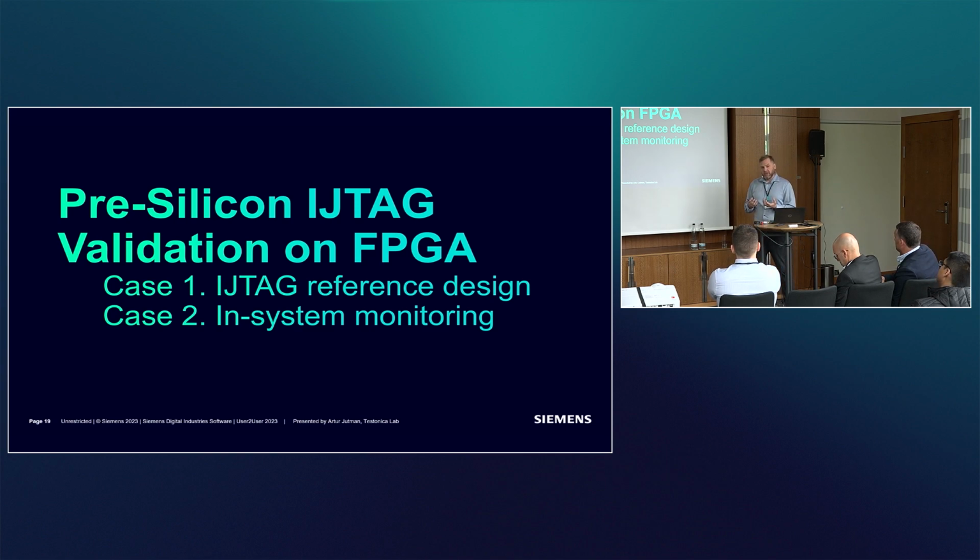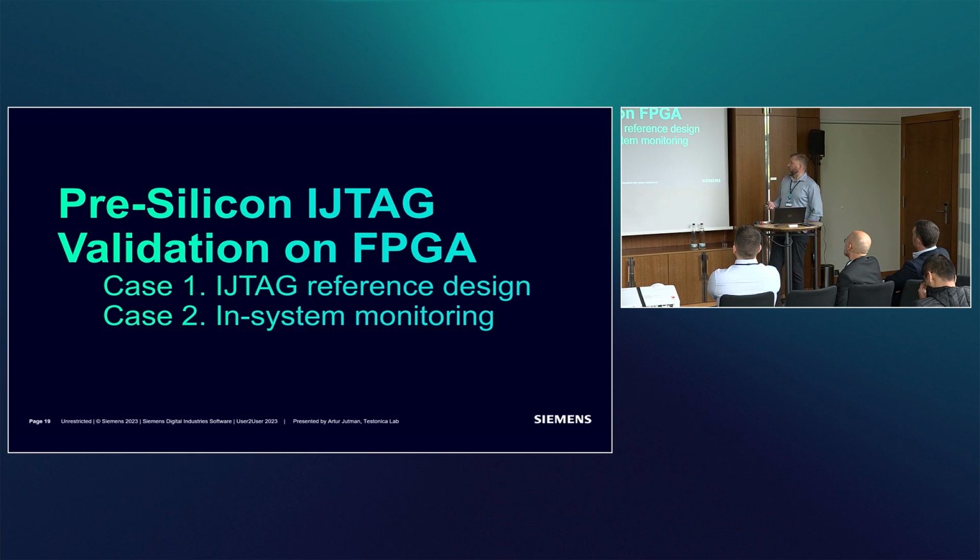So, there is essentially no difference between silicon and FPGA in terms of accessing the IJTAG instrumentation and scan networks, because it uses the same JTAG port and the same access mechanisms, so everything is exactly the same. If your tools can work with the silicon, they should also work in the same way with the IJTAG networks implemented on FPGA.